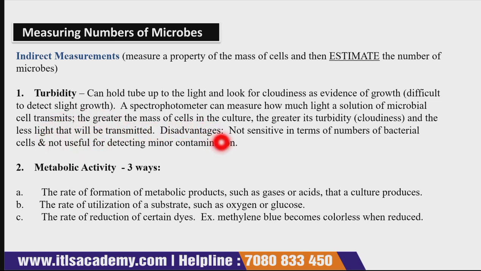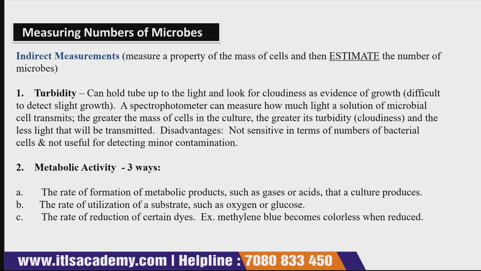The greater the mass of the cells in the culture, the greater its turbidity, known as cloudiness, and the less light will be transmitted. What is the disadvantage of turbidity? It is not sensitive in terms of the number of bacterial cells and not useful for detecting minor contamination.